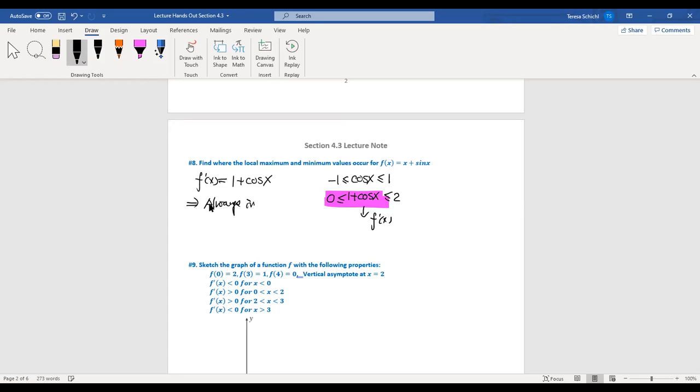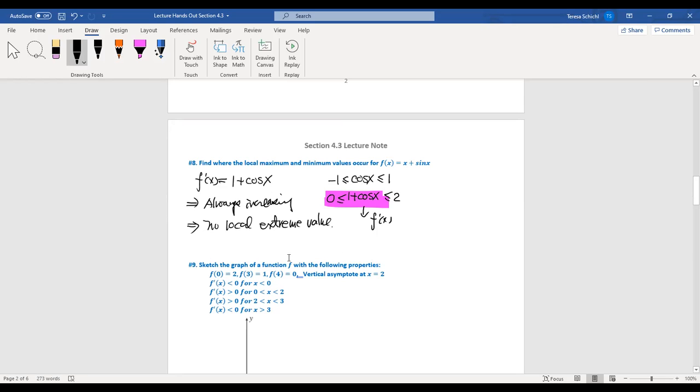So always increasing. And because it's continuing increasing, there's no turning point. So what happens here? We say there's no local extreme values, because this is a continuous increasing function.